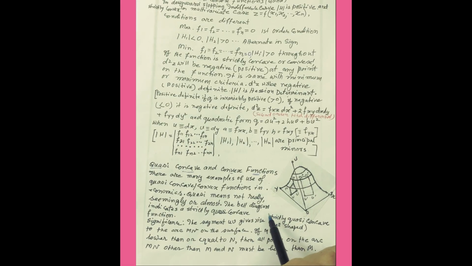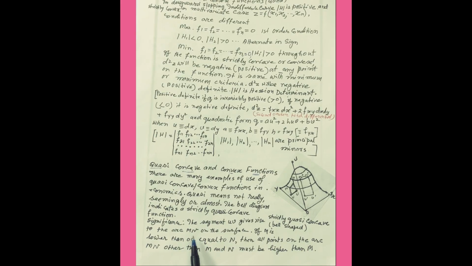The bell diagram indicates a strictly quasi-concave function. Now, significance. The segment UV gives rise to the arc MN. This is UV and MN on the surface.